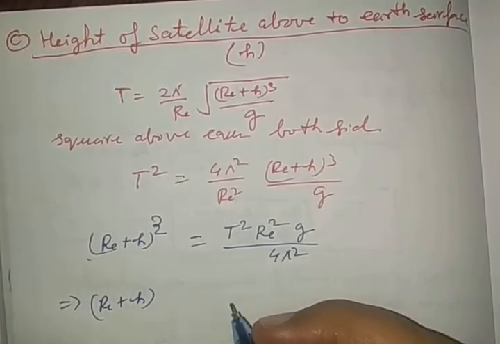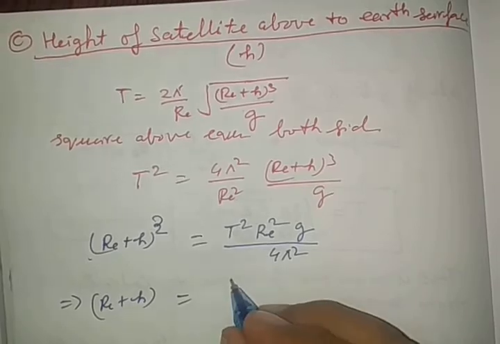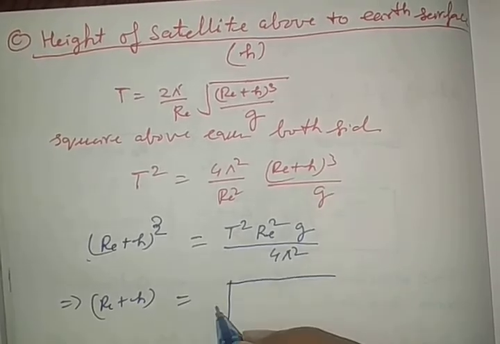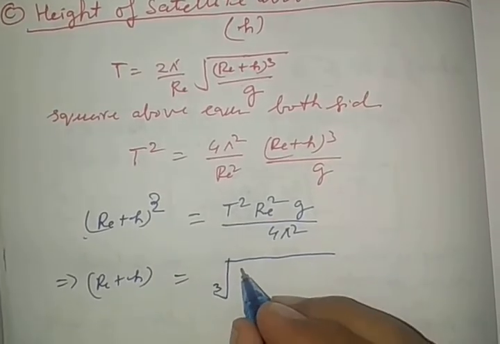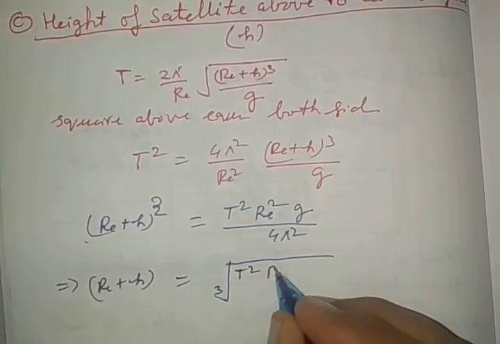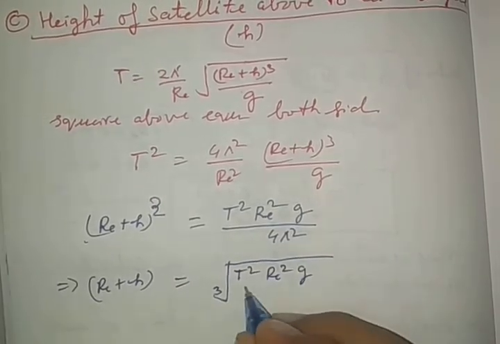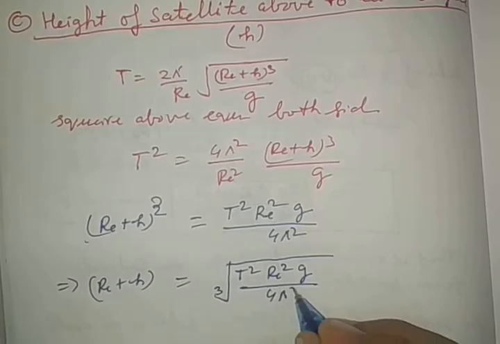We may write the above equation as cube root of T square Re square g by 4 pi square.